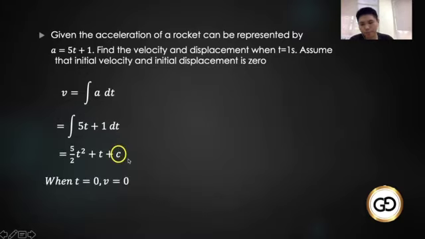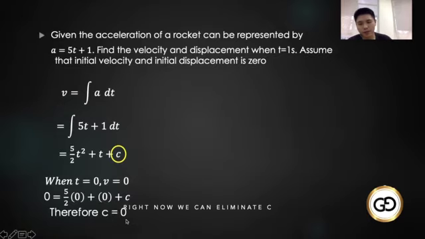So given initial velocity means when the time is equal to 0, the velocity is equal to 0 as well. And we sub this value into this equation. So 0 equal to 5 over 2 times 0 plus c. Therefore, the value of c is simply 0.